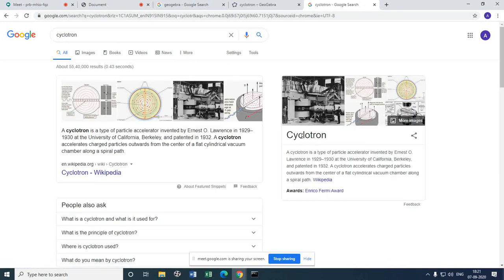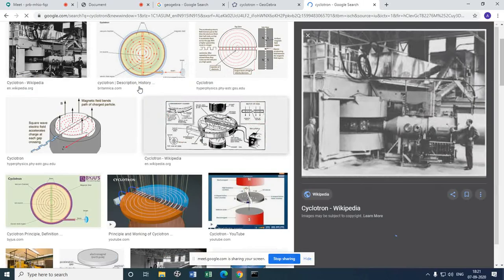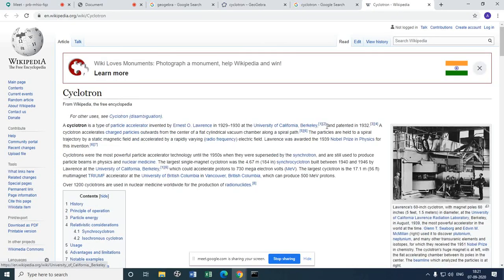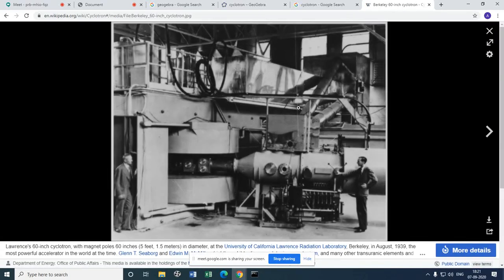Here is your cyclotron. Let us look at Wikipedia. So in the wiki, you see, this is the cyclotron.